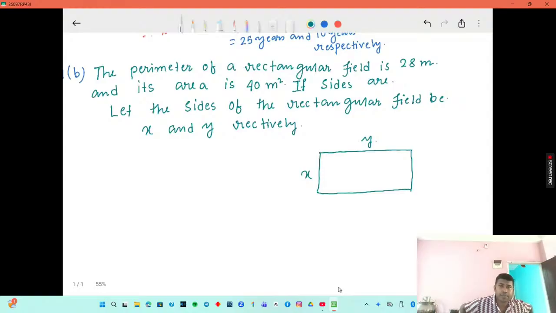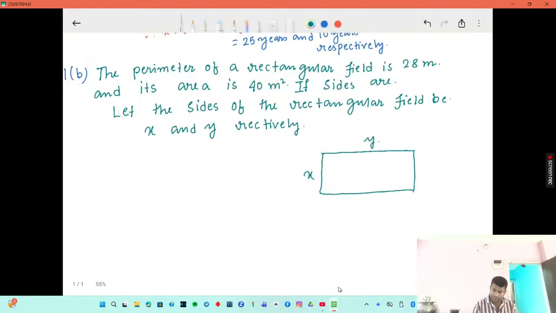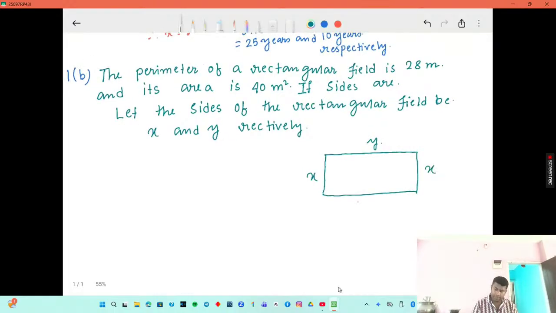If you do not know it, then you can find the perimeter from the figure itself, which I have drawn on the screen. Okay, so how to find the perimeter of a rectangle? I will put x here and I will put y here. We have to just add all values.